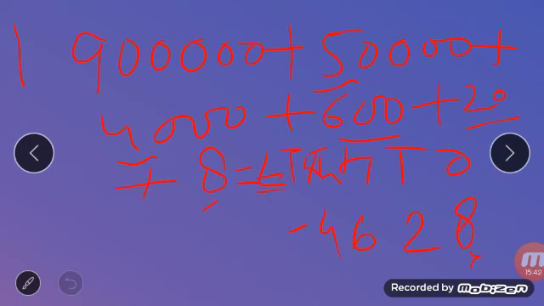Now one more question I will do of the same exercise, Roman number 2 of the same exercise. I am doing the third for you. Third is what? 4.